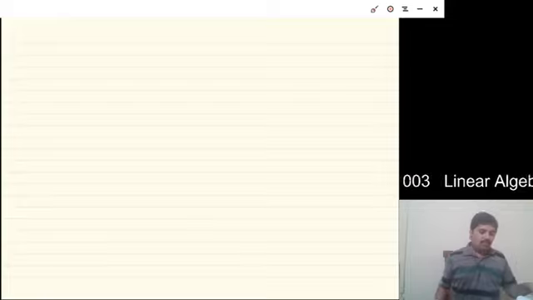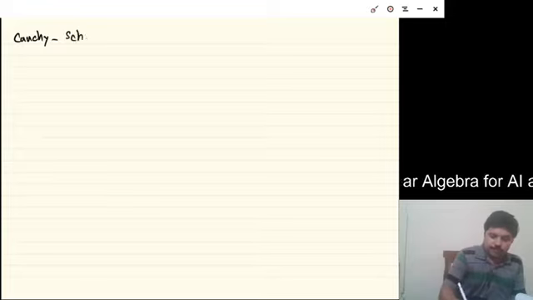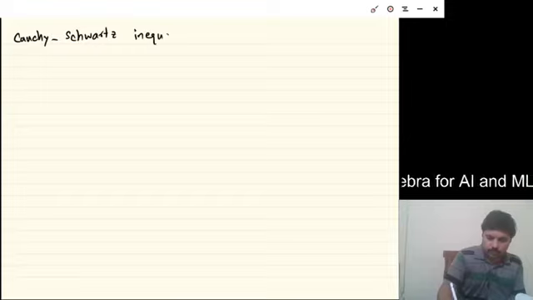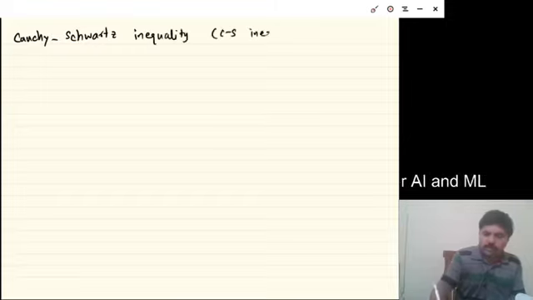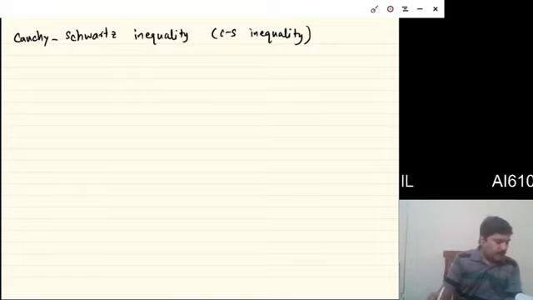So what I want to do is prove something called the Cauchy-Schwarz inequality. Henceforth I will just write CS inequality. This is what we want to prove. And what does the inequality say?